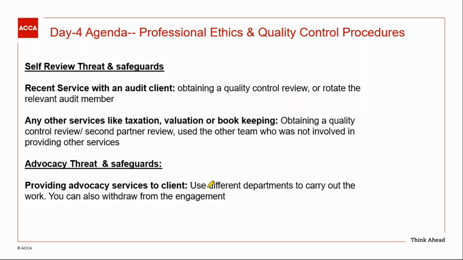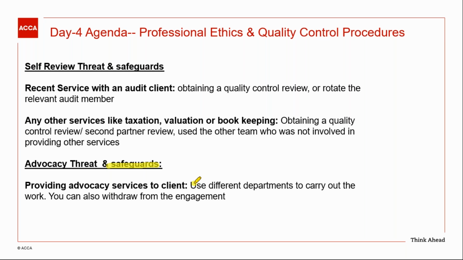So if you are praising your client on one side and on the other hand you are doing the audit and highlighting objections, it will create a conflict. So how can you manage this advocacy threat? What are the possible safeguards? The possible safeguard is to use a different department from the one that is the advocate of that client.